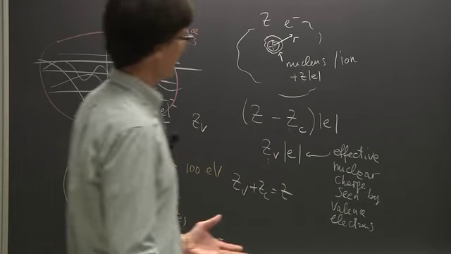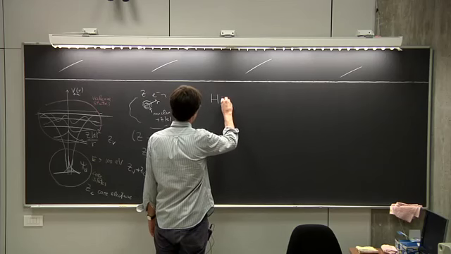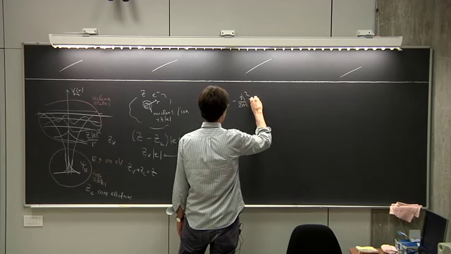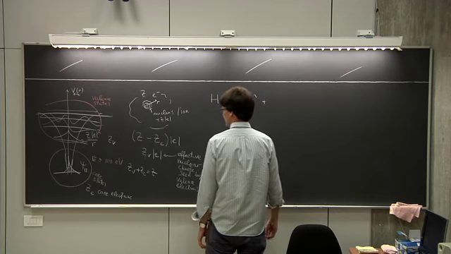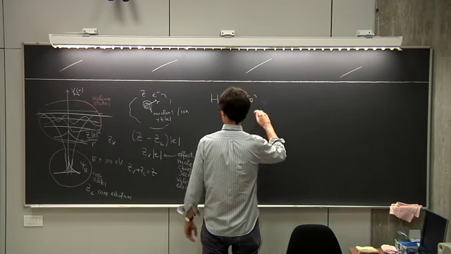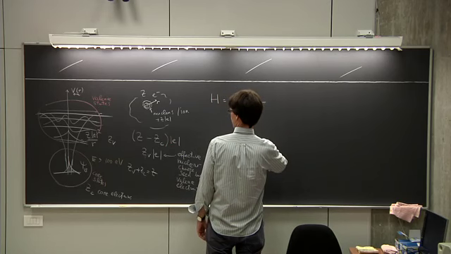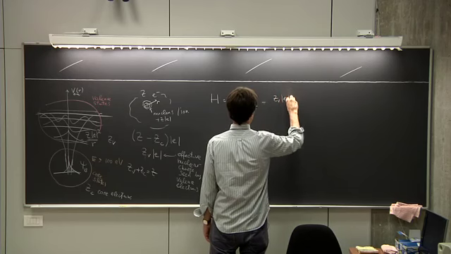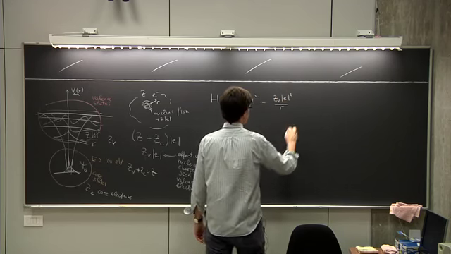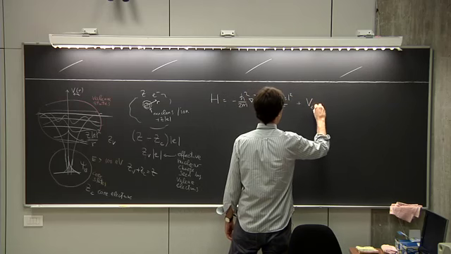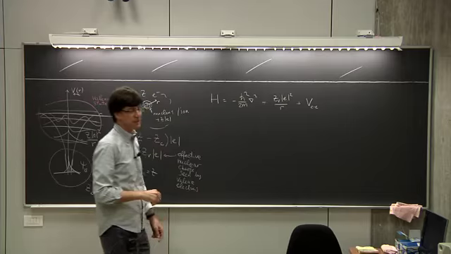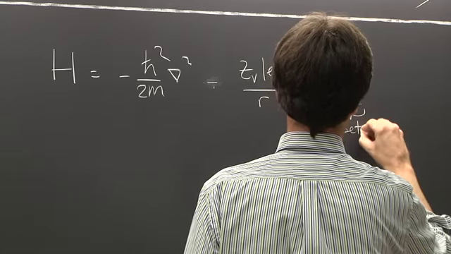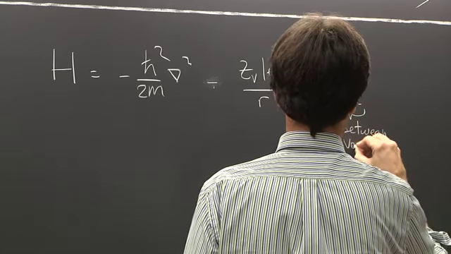So if I am a valence electron, the Hamiltonian that I will have to obey is a Hamiltonian in which I have roughly plus the electron-electron interactions between valence electrons.